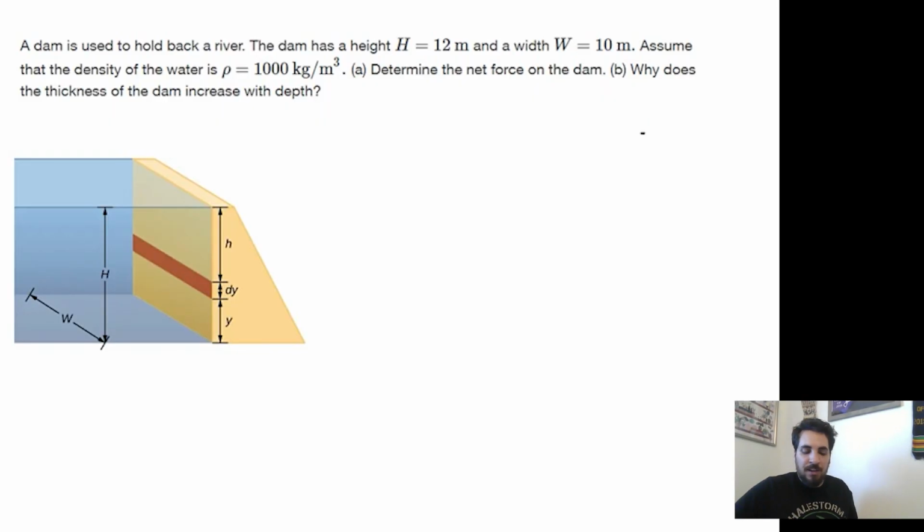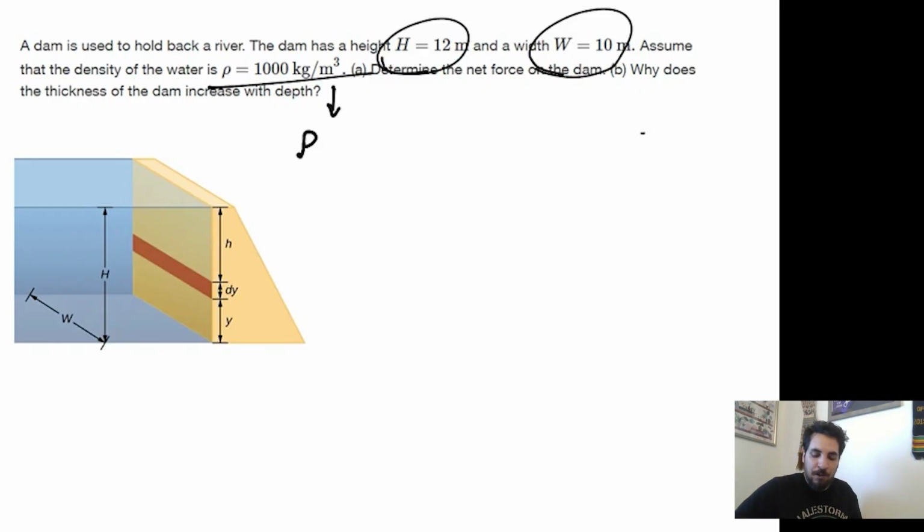So the problem states that we have a dam of height 12 meters and some width of 10 meters. It gives us the density of water, and it seems to be pure water, not salt water. So 1,000 kilograms per meter cubed is the density. This can be converted to 1 gram per centimeter cubed.